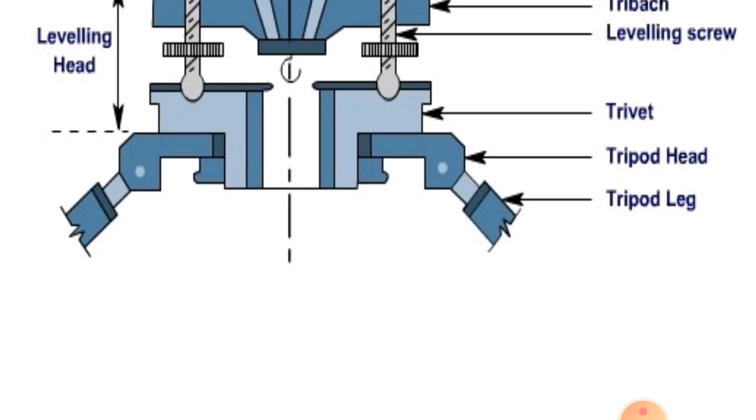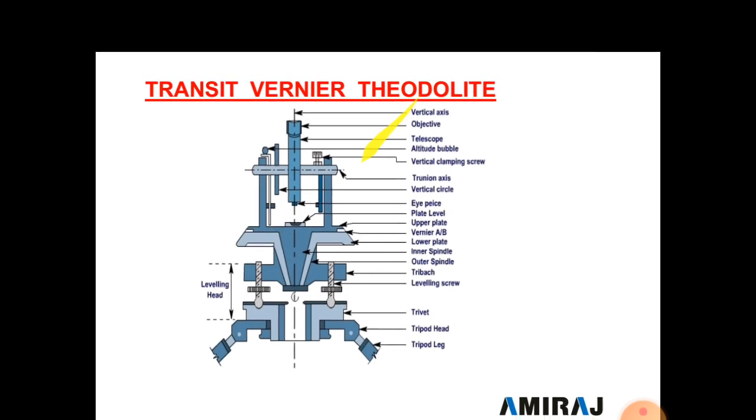On the tripod stand, one head is provided, and at the middle one hole is provided to fix the theodolite in the tripod stand. And then after, tripod legs. There are three legs in a tripod stand. So one by one we discuss all these things in the next slide.